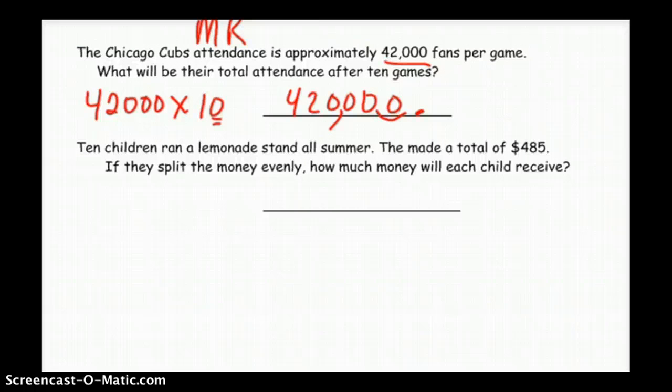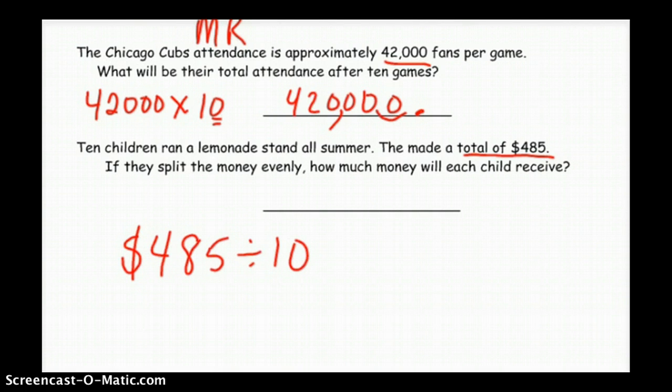Let's look at the next example. 10 children ran a lemonade stand all summer, and they made a total of $485. If they decide to split the money evenly, how much money will each child receive? So they're taking the $485 and they're splitting it 10 ways. You're dividing by a power of 10. And when you divide by a power of 10, we move the decimal to the left depending on how many zeros there are.